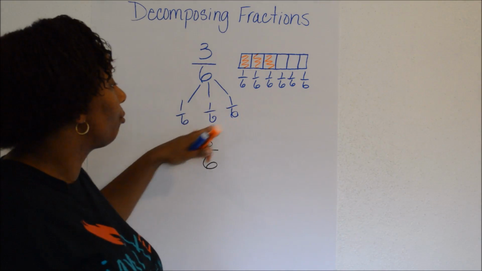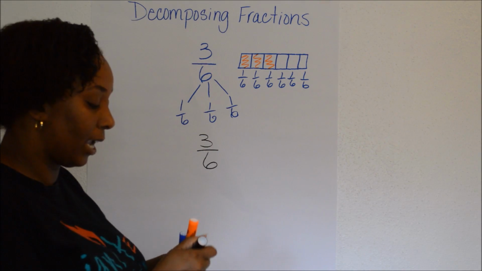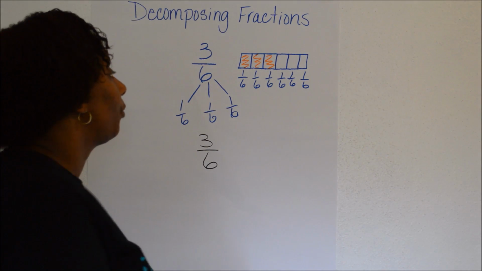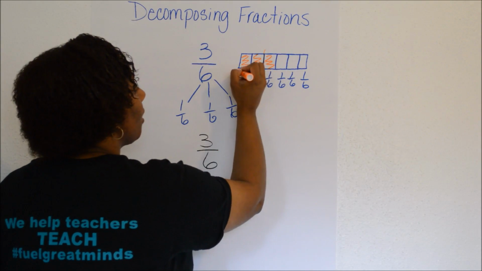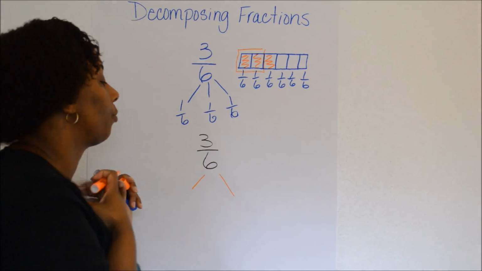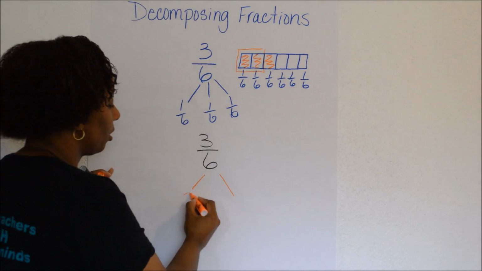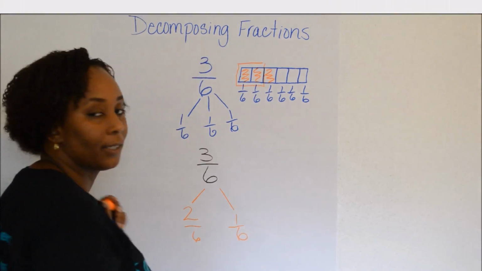We've already used 3 1/6 units, but we also can look at it a different way. If we go back up here to the tape diagram, if we combine these two, we can also decompose it where 3/6 is also the same as 2/6 plus 1/6.